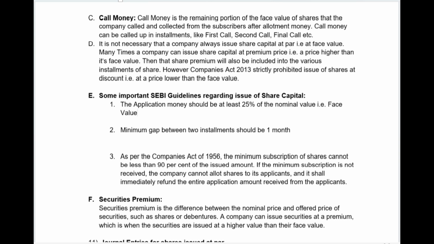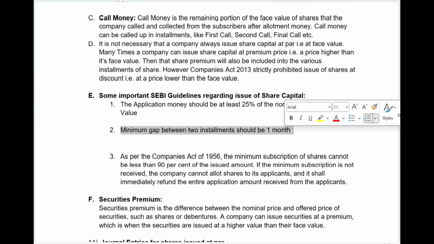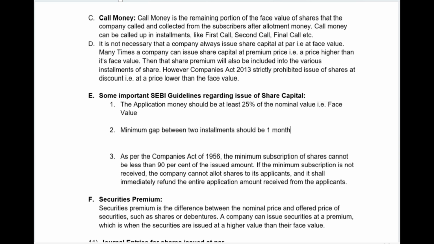Number 2, the minimum gap between two installments should be 1 month. So it is another important rule. The company cannot collect the remaining installments of share capital money at its own will. According to the SEBI guidelines, the minimum gap between the two installments of collection of share money should be 1 month.